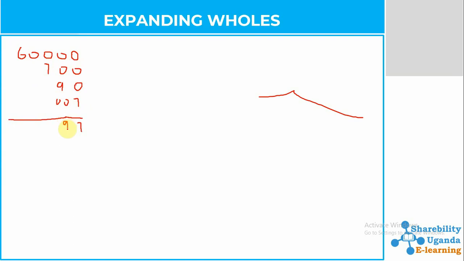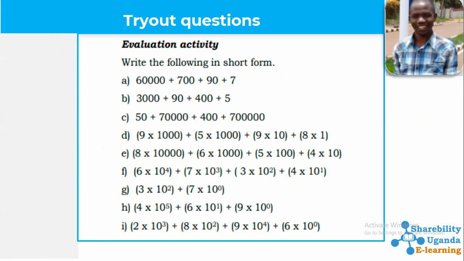Then we are adding: 0 plus 9 plus 0 is the same as 9. Then 7 plus 0 gives us 7. Then 0 plus 0, we write 0 here. Then this is going to be 60,797. So you can see this is the same number that we got at the other side. So we can solve them in that way.